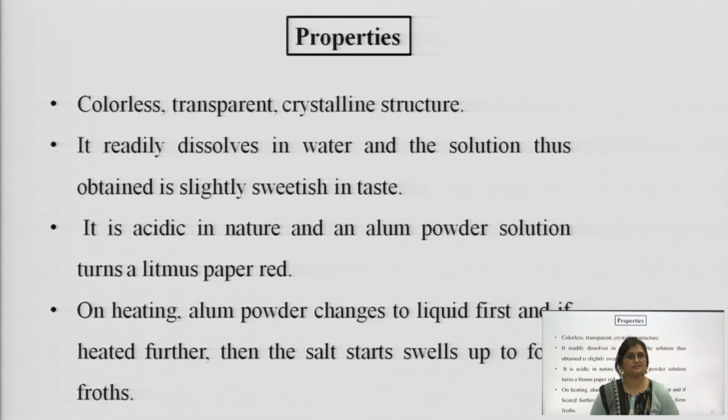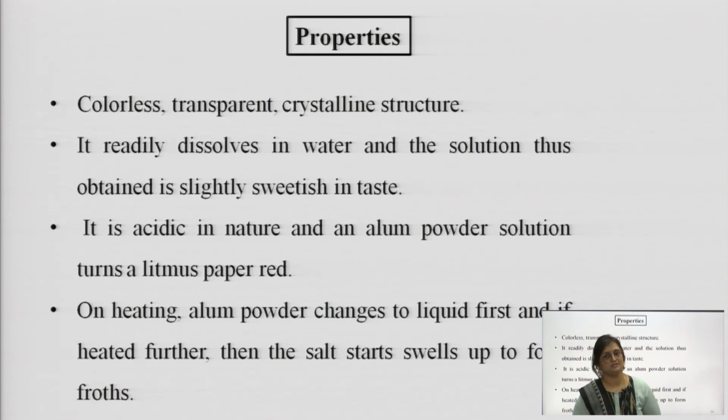These are colorless, transparent, crystalline structures. Alum readily dissolves in water, and the solution thus obtained is slightly sweetish in nature. It is acidic in nature, and an alum powder solution turns litmus paper red due to the acidic condition.